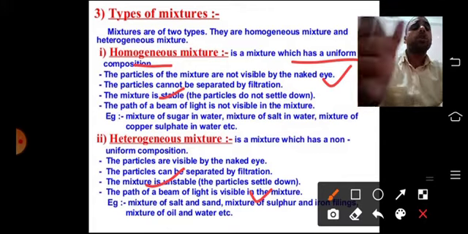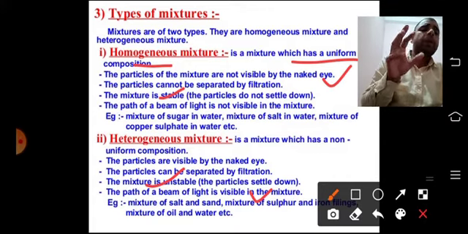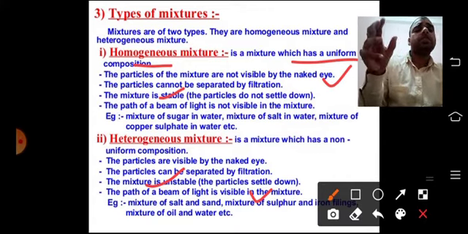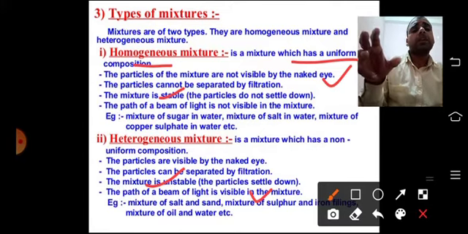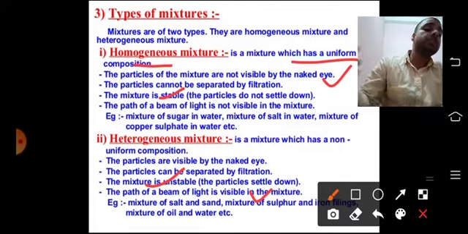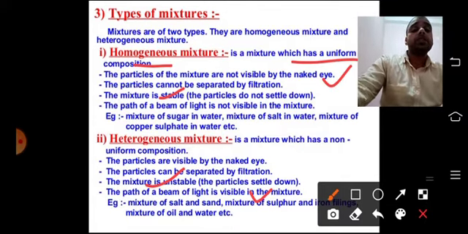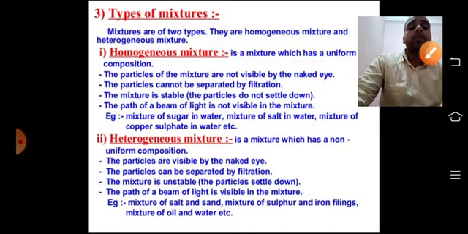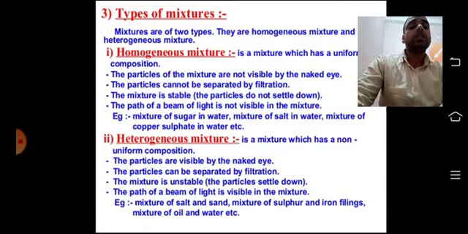You will see the path of light is disturbed by the sand particles and scattered, and that scattering of light we can easily observe in a heterogeneous mixture. Here the examples given are a mixture of sand and water, and oil and water. So this one is a heterogeneous mixture.